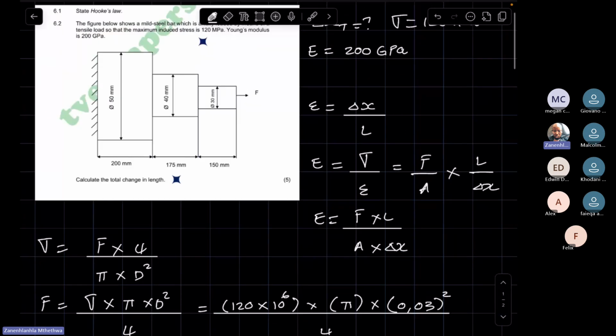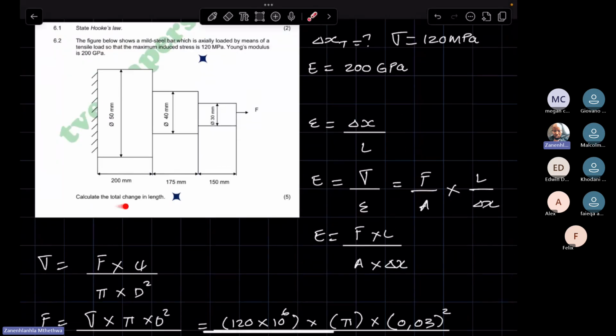So remember the question was to calculate the total change in length, not the final length, but the total change in length.